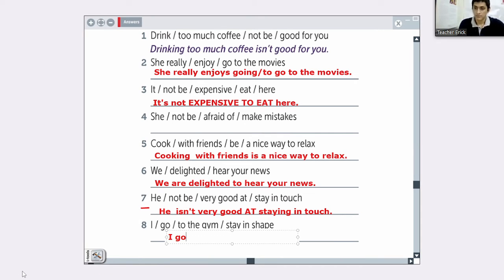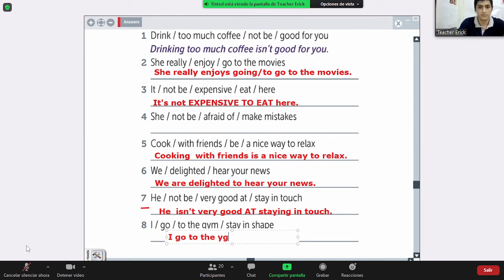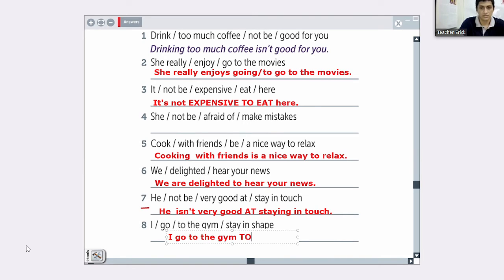What is the purpose of going to the gym? To stay in shape. To stay, right, Jorge? So I go to the gym to stay in shape. Okay. Para dar un propósito usamos el infinitivo o para explicar por qué. To stay in shape. Okay, I'm going to show you the answers now, but we have to go back anyway.